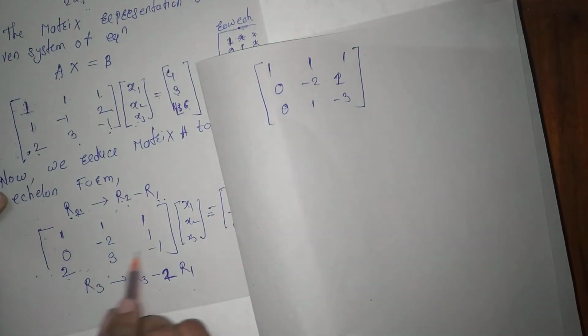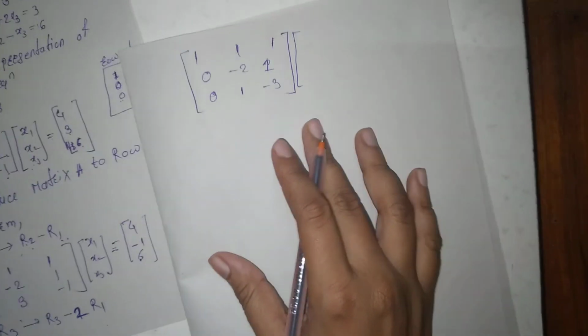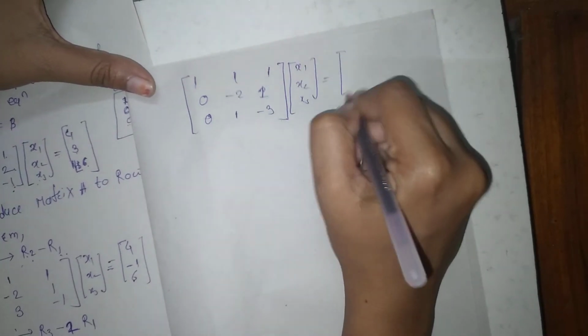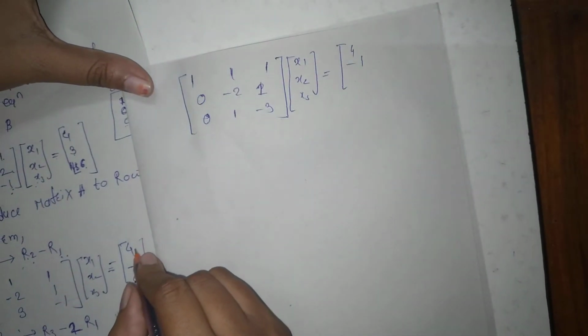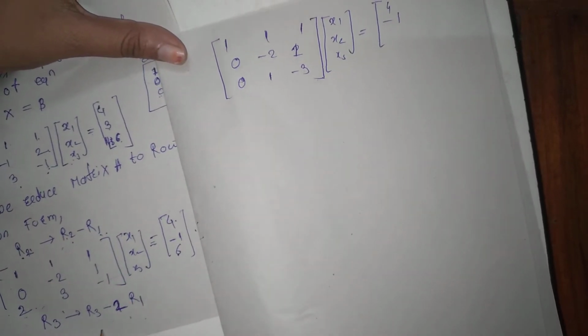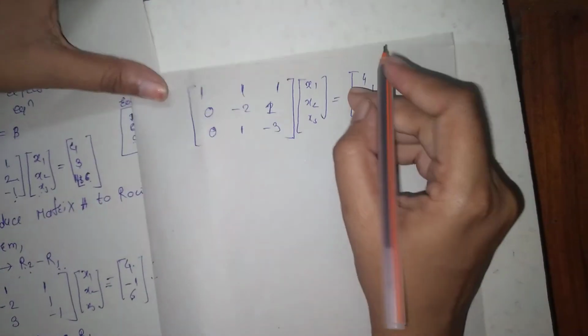The constants 4 and minus 1 stay the same in the first and second rows, but 6 changes in R3: 6 minus 2 times 4 is 6 minus 8, which is minus 2.